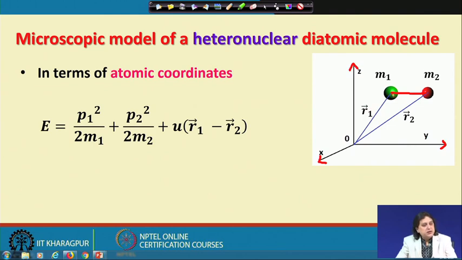Now, let me denote by R1 the position vector of this atom 1 with respect to this laboratory fixed Cartesian coordinate space, and R2 is the position vector of this particle 2 in the 3-dimensional space.